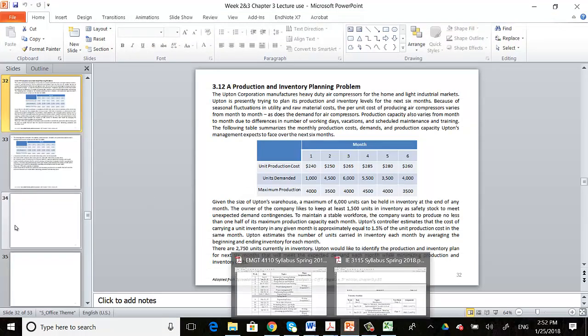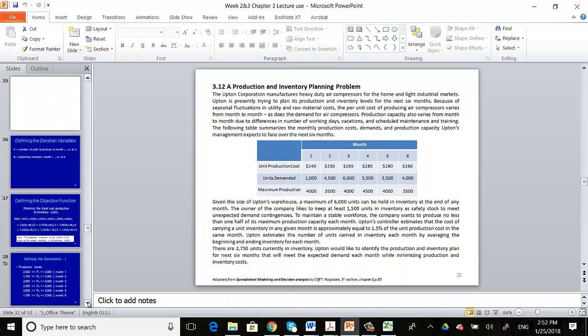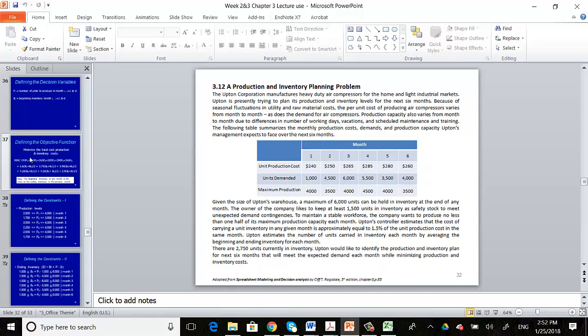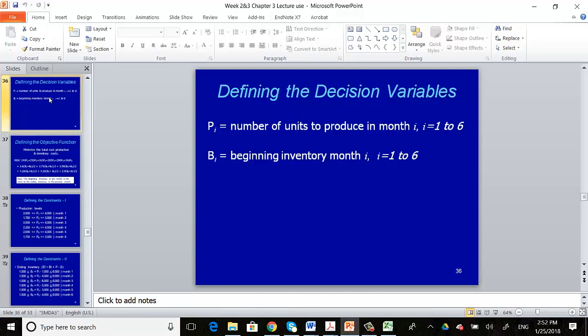Okay, so let's do the production problem. We just did it Tuesday. If you still have your model. So for that specific problem, we defined the two variables. The production part, like how much to produce each month, and how much to put in inventory at the beginning of each month.